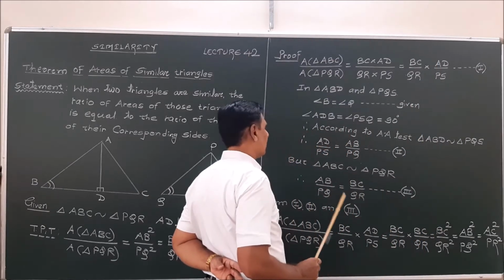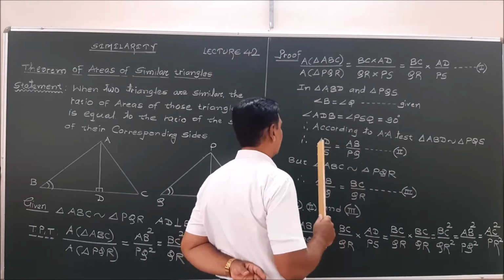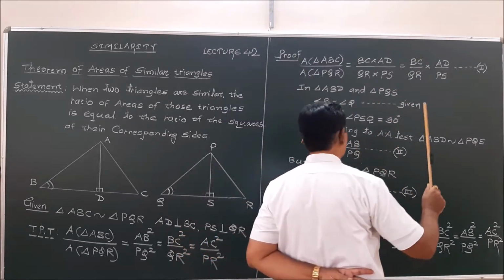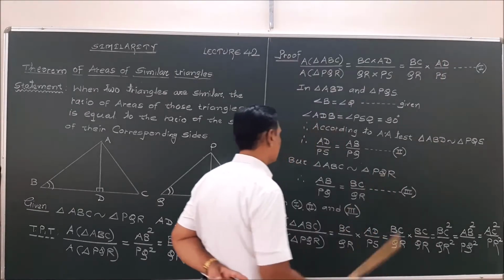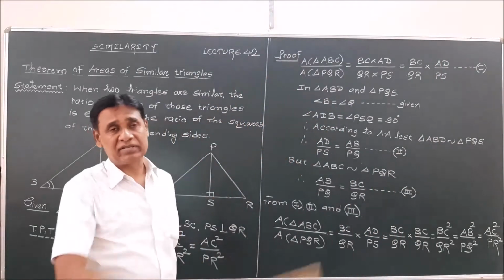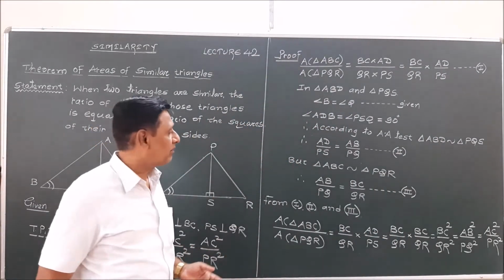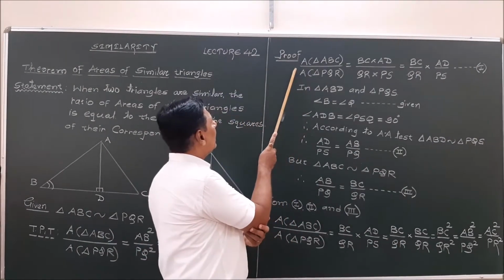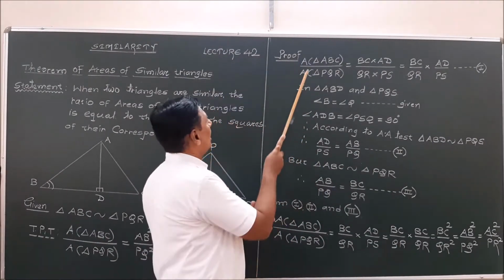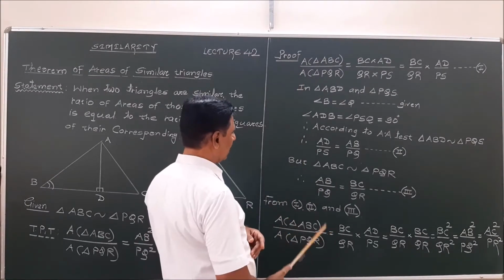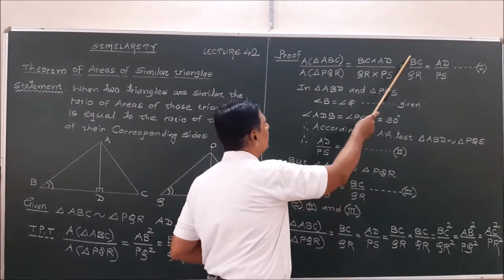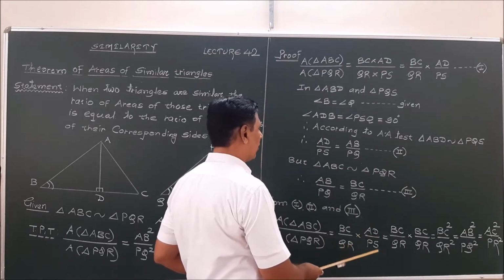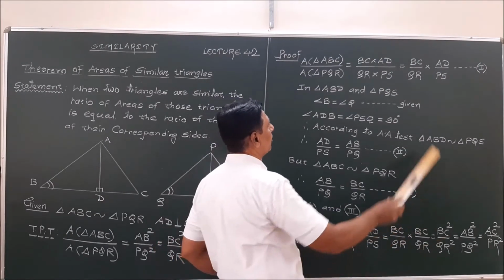In the next step, we can replace AB upon PS with AB upon PQ, and AB upon PQ can be replaced later on by BC upon QR. Then area of triangle ABC upon area of triangle PQR is equal to BC upon QR into area upon PS.